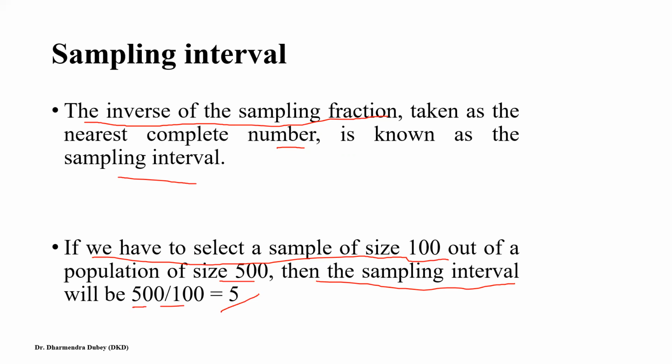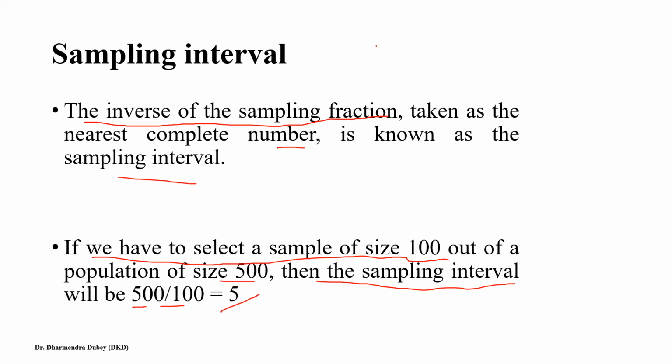So this is the basic terminology about sampling methods. We need to understand what the target population is, what the study population is, and then how we are going to select a sample out of the study population.